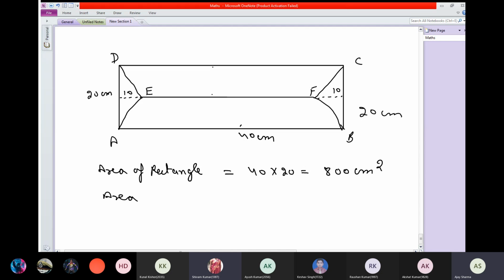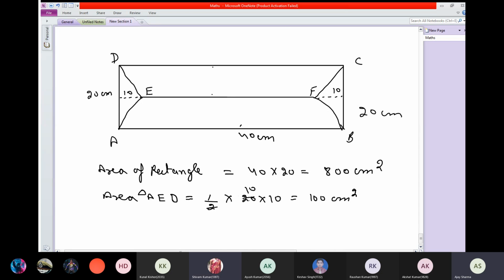Now, in the next one, area of triangle. Area of triangle ADE. Same formula, 1 by 2. Base is 20 and height is 10. After solving you will get 100 centimeter square.